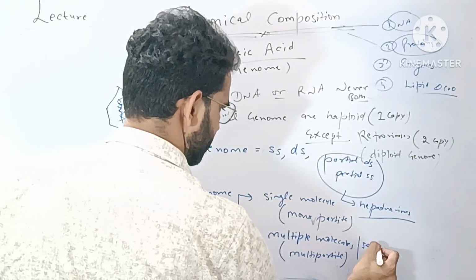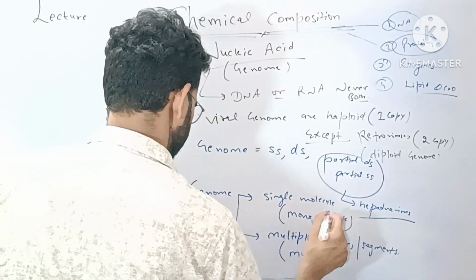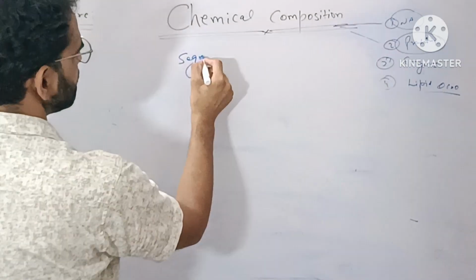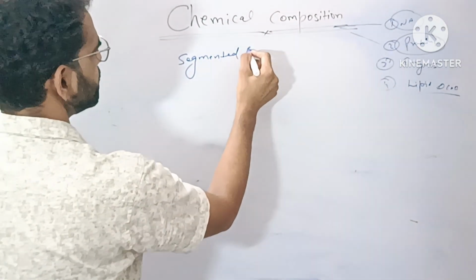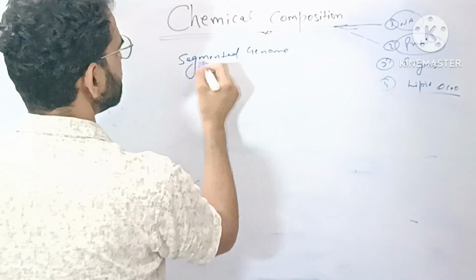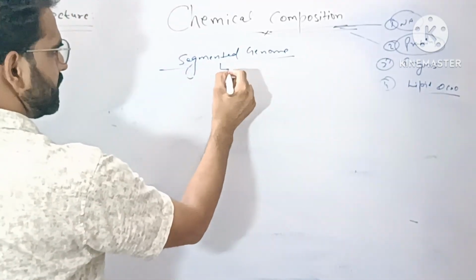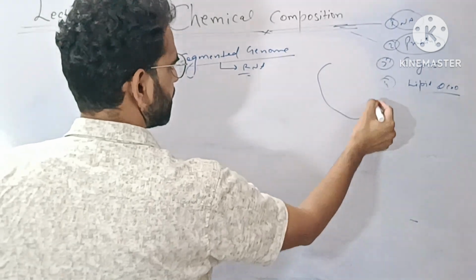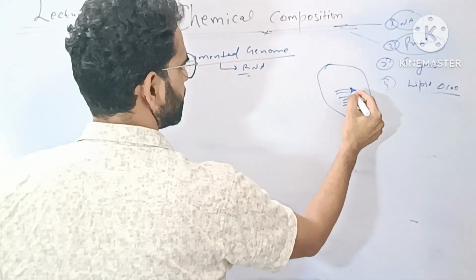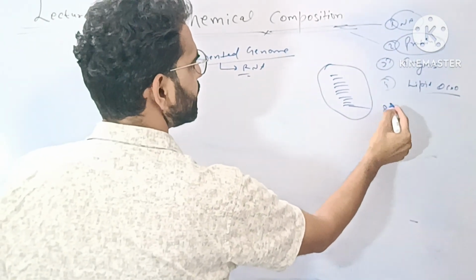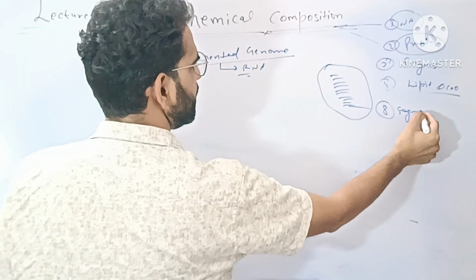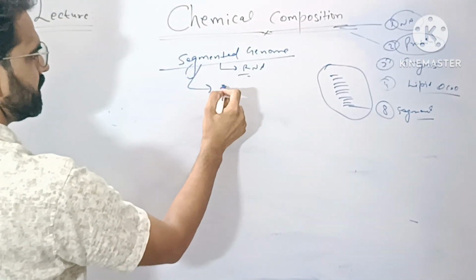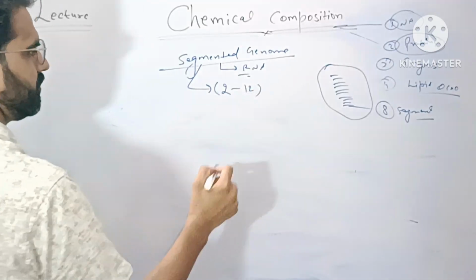A segmented genome is mostly found in RNA viruses. For example, the influenza virus has eight segments. For segmented viruses, the segment number lies between 2 and 12.